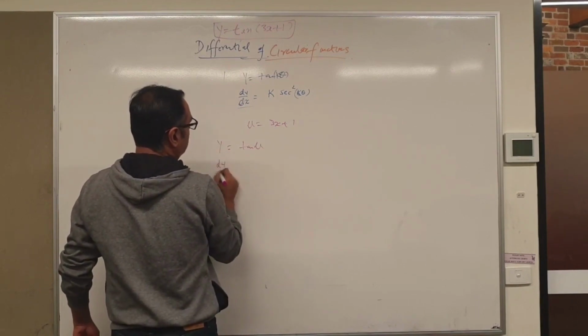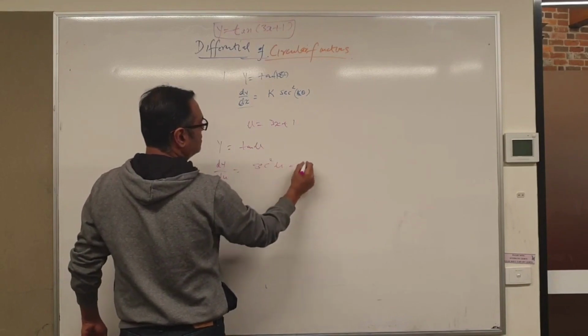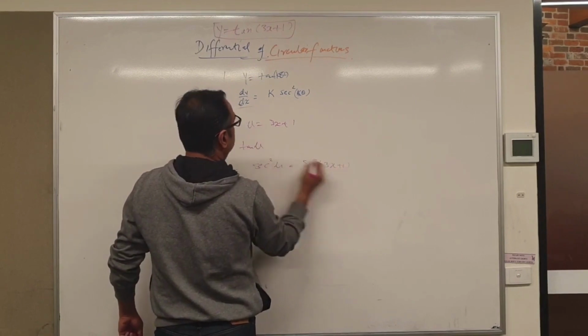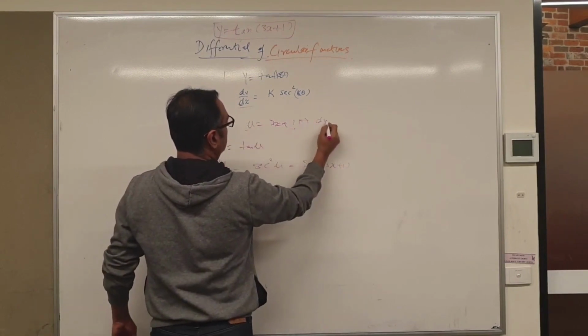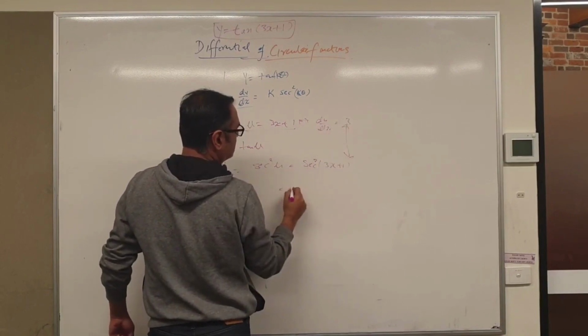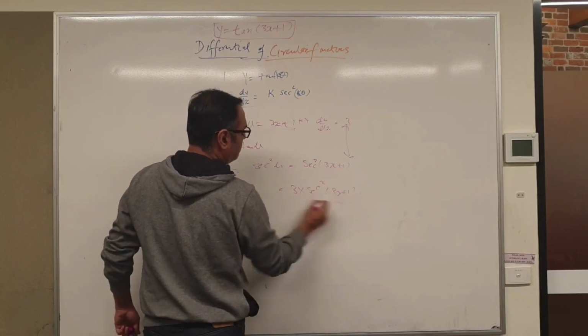So your dy by du is secant square u, which is secant square 3x plus 1, and here your du by dx is 3. You times both of them, so the answer is 3 times secant square 3x plus 1. Finish.